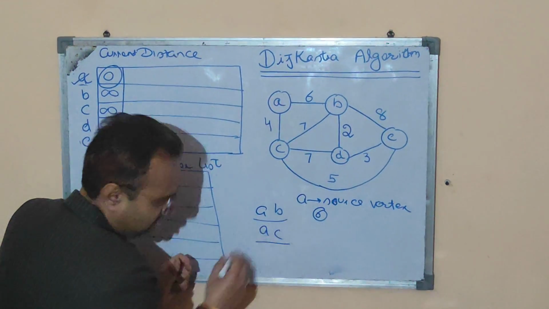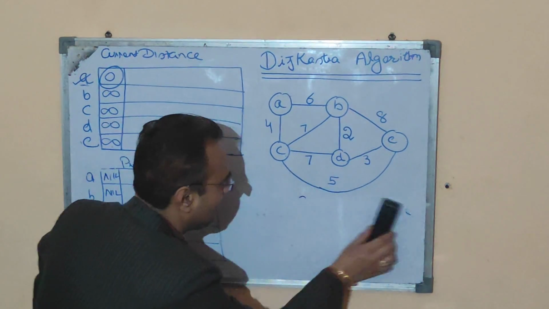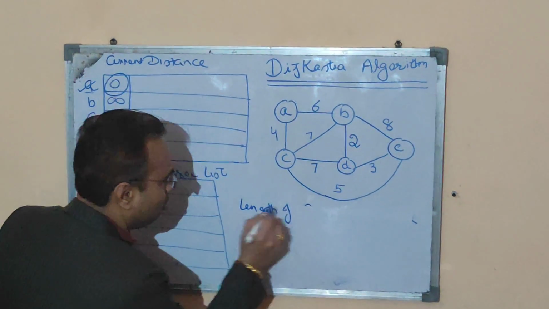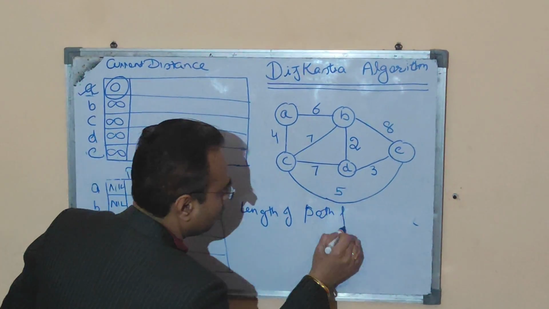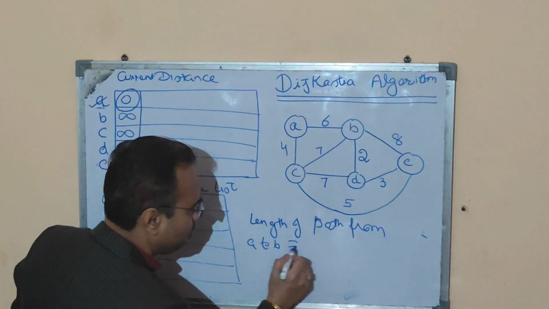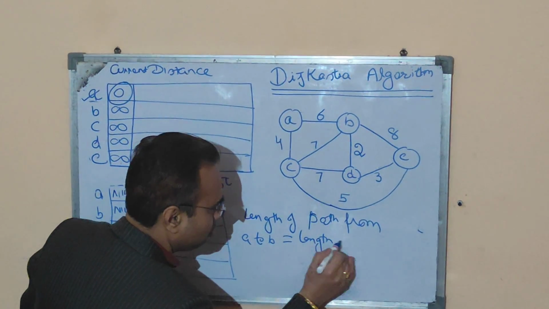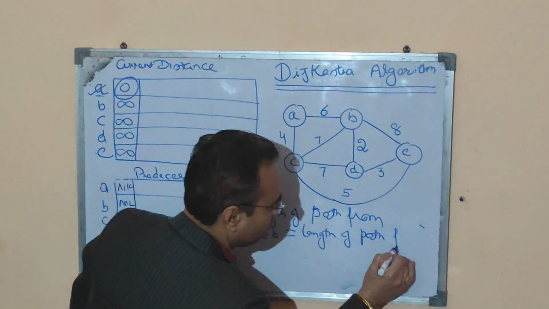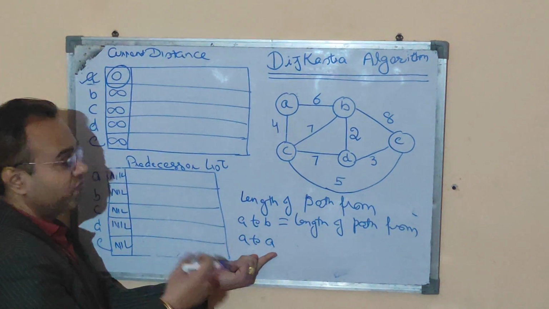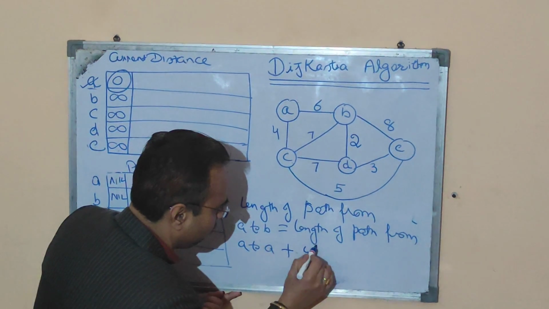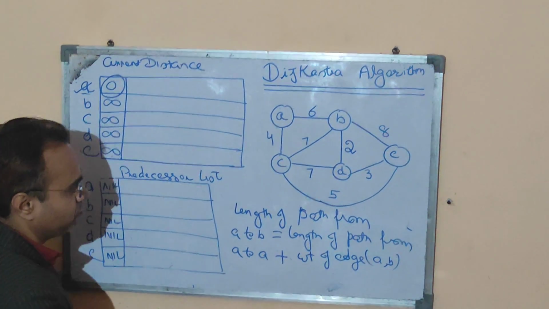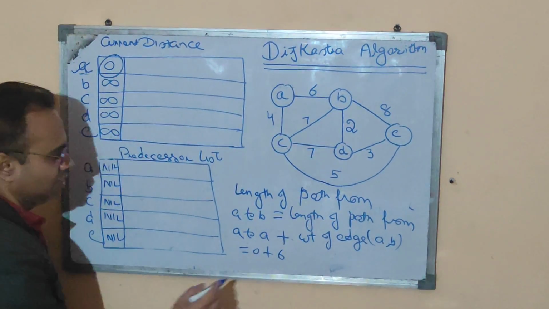What we have to do here is: the length of path from A to B will be equal to the length of path from A to A, A is a finalized vertex, plus the weight of edge AB. So it is 0 plus 6, which comes to be 6.